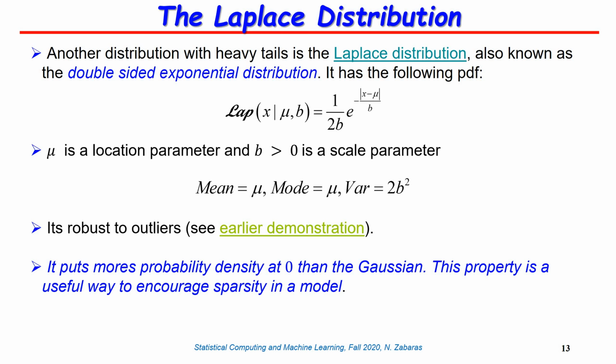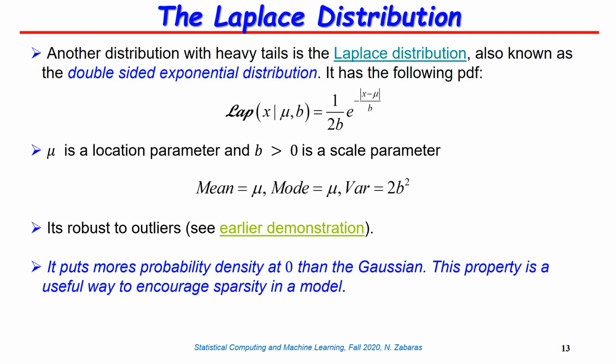And this is a very important property, because if you use the Laplace distribution, let's say as a prior on the weights in a neural network with millions of parameters, effectively it is going to introduce sparsity in the model.